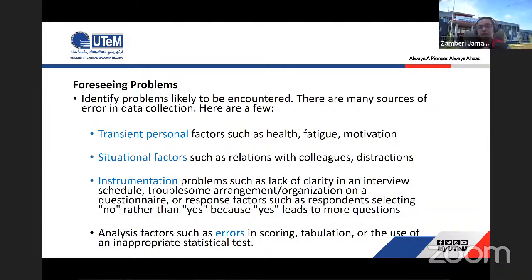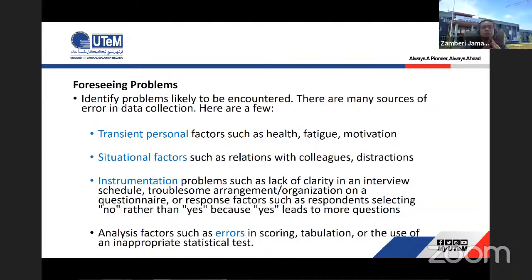Health issues: will the researcher be sitting for 2 to 3 hours without a lot of movement? Will that be demotivating the researcher? This is the kind of thing that we have to take into account when we design our methodology.